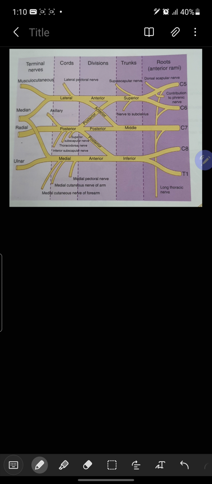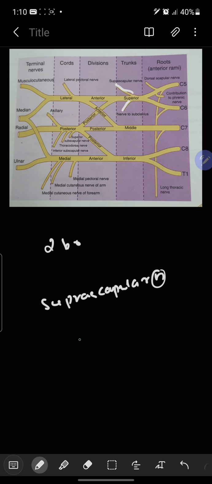From the upper trunk, two branches arise. One is the suprascapular nerve, plus the nerve to subclavius, from C5 and C6.